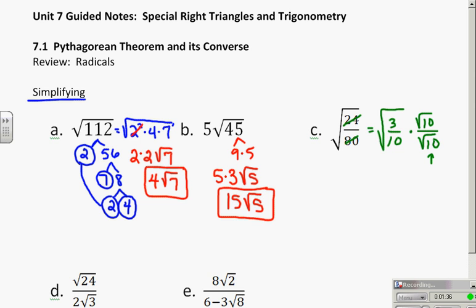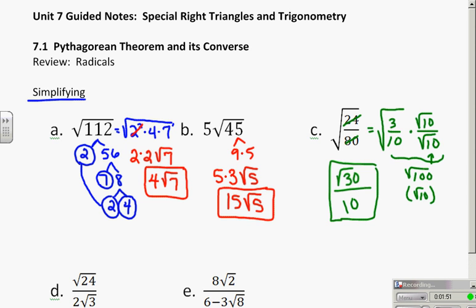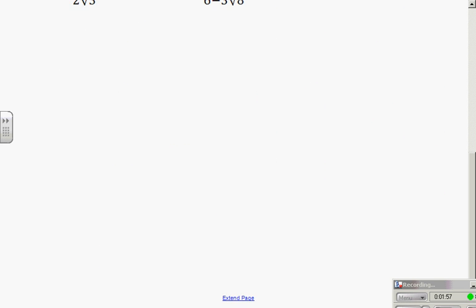Remember, that number there is really 1, so I'm not changing my problem. Numerator times numerator is 30. Radical 10 times radical 10 is 10. If you need to think about it as the square root of 100, or as radical 10 squared, regardless, it becomes 10.